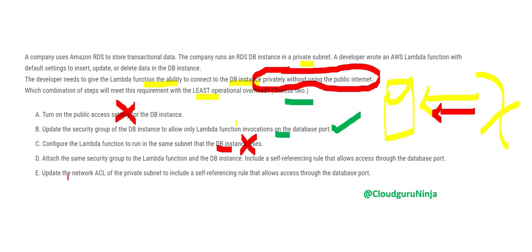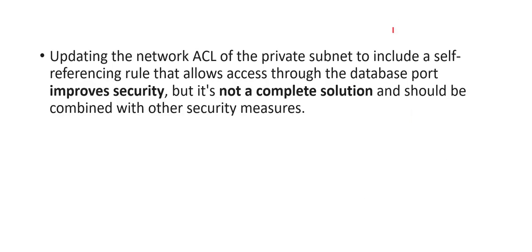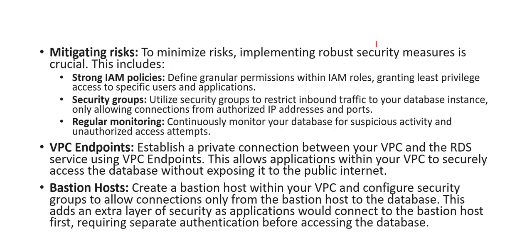Now if you're talking about option E, where it says, hey guys, let's update the ACL of a private subnet to do a self-referencing rule through the database port, this itself is not a complete solution. It has to be combined with some other security measures. So what is recommended is that in such scenarios, you should have a very strong IAM policy put forward.